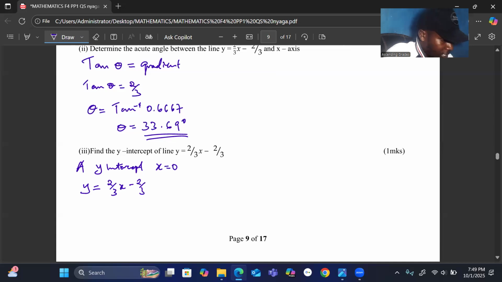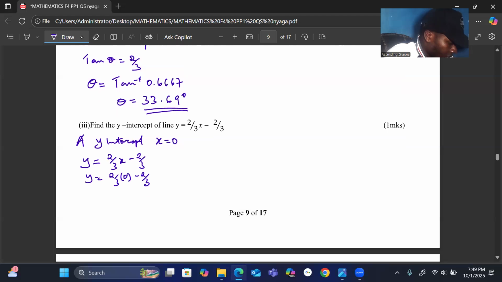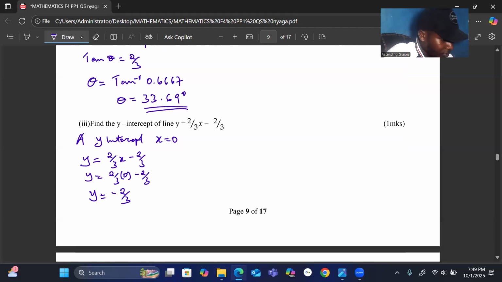You know that x is 0, so y will be equal to 2/3 times 0, minus 2/3. Therefore, our y will be negative 2/3. Negative 2/3, that will be the value of y.